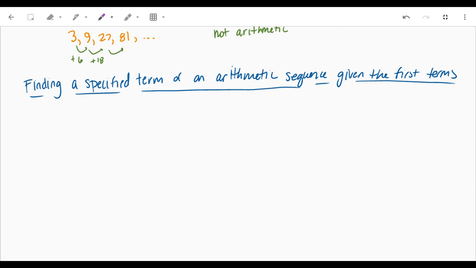Further down the road, you have a topic called writing an explicit rule for an arithmetic sequence. It's getting cut off on my screen here.